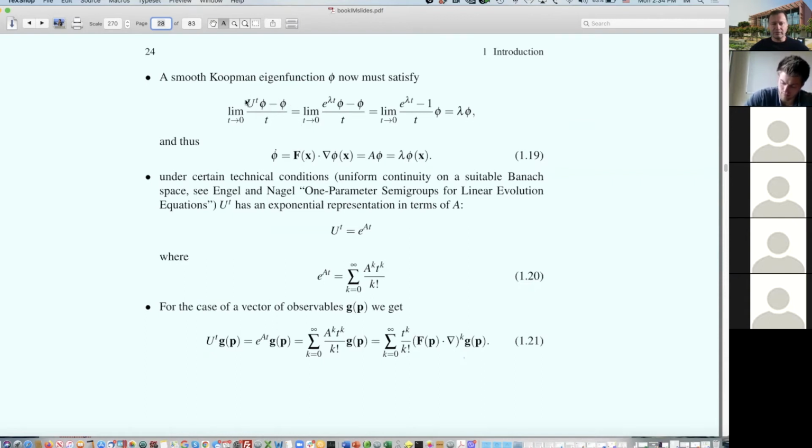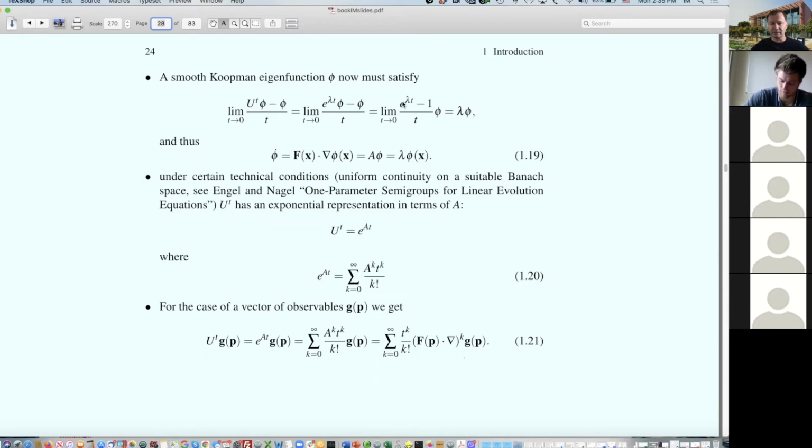So U^t phi, by definition, because phi is an eigenfunction, is e to the lambda t phi. And so now, if I take phi out, I get e to the lambda t minus 1 divided by t. Now, by Taylor expansion of e to the lambda t, I know it's just 1 plus lambda t plus higher order terms, divided by t. And that ends up giving me the limit when t goes to 0, which is just lambda phi.